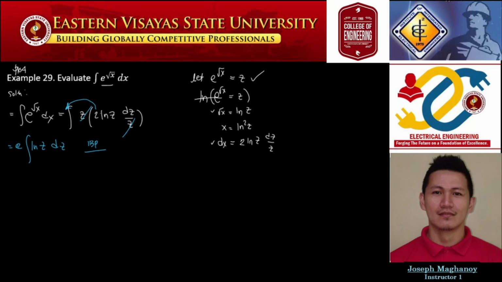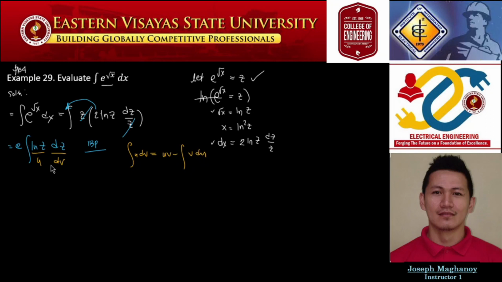If you're using the integration by parts formula, you need to determine the value of your u and your dv. Again, we choose ln z as our u and our dv as dz. If we recall our IBP formula, integral of u dv is equal to uv minus integral of v du.